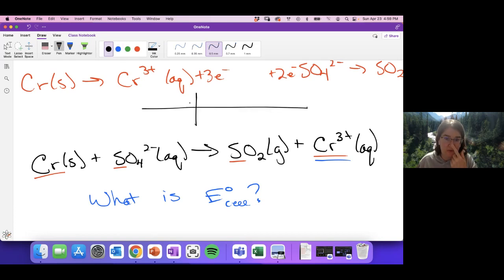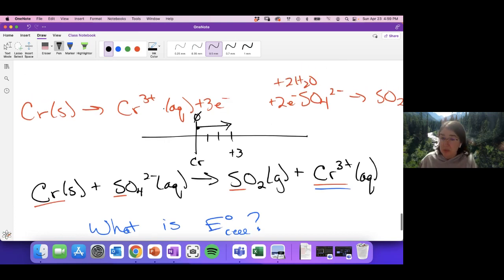So my chromium goes from neutral to +3, means my chromium is oxidized because it's going from 0 to +3. It's going towards the positive side. So chromium is being oxidized. You could have also seen that in the half reaction here where I have my 3 electrons on this side. So this is my oxidation reaction.